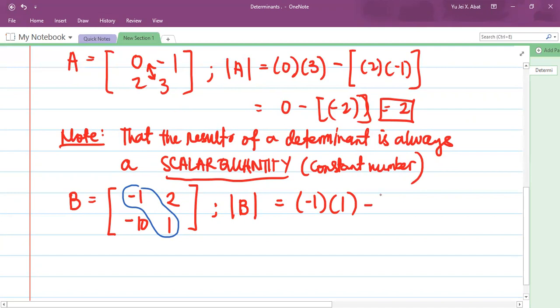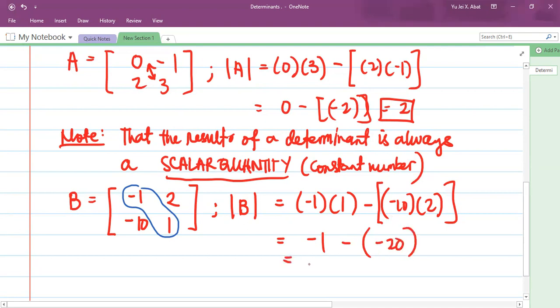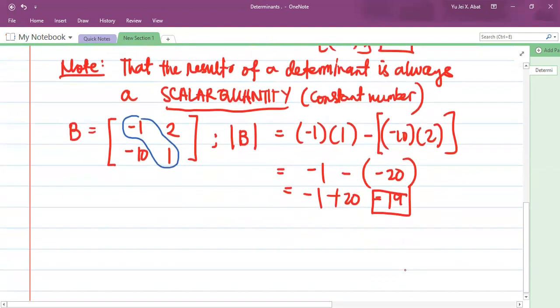That formula is always the same. So, -1 times 1 is -1, minus -10 times 2, which is -20. So we have -1 plus 20, that's 19. That is the determinant of a 2 by 2 matrix.